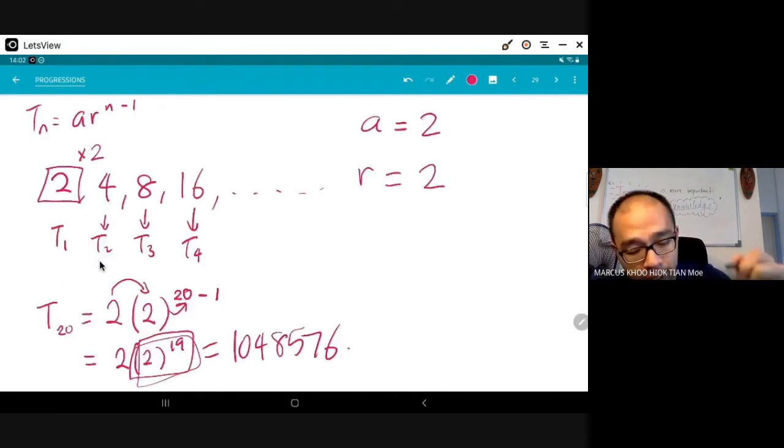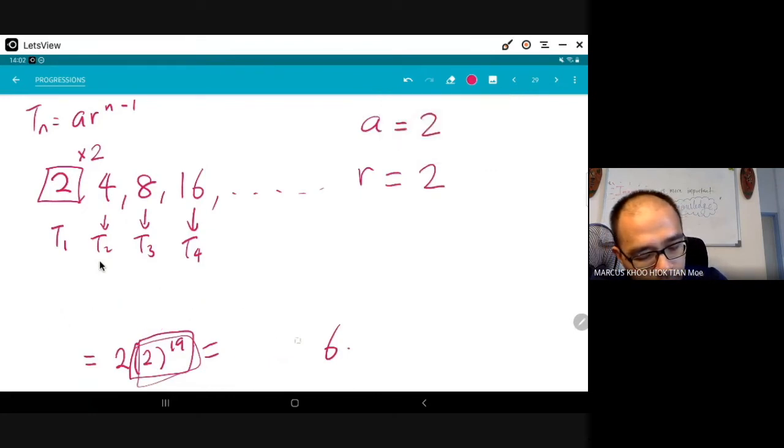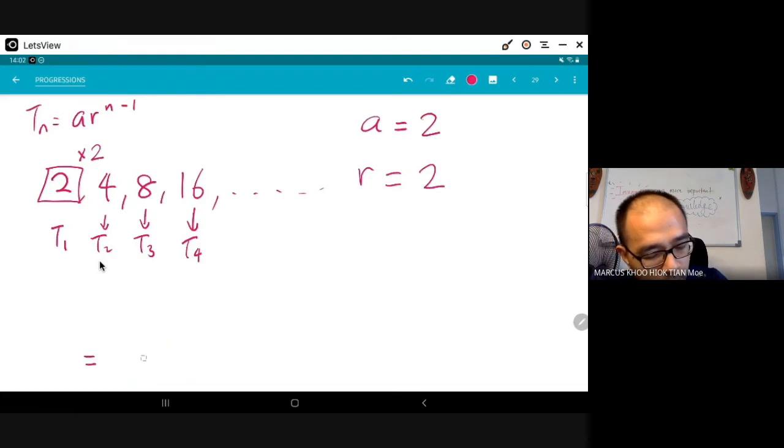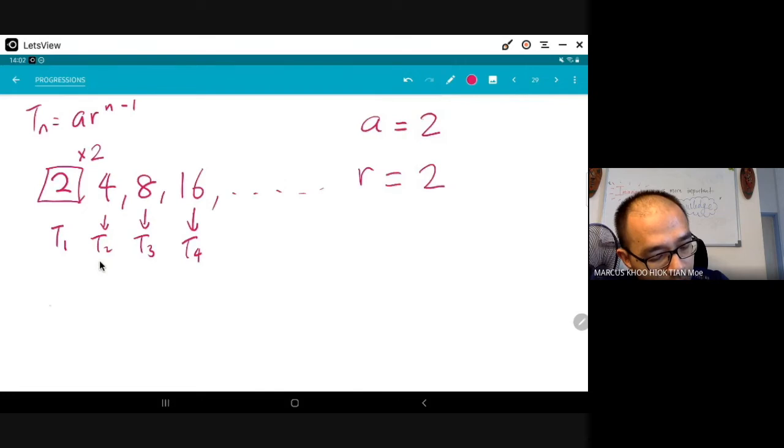So let's try this. Kita guna the progression yang sama, except that now, instead of finding the T, saya mau cari, give me S5.